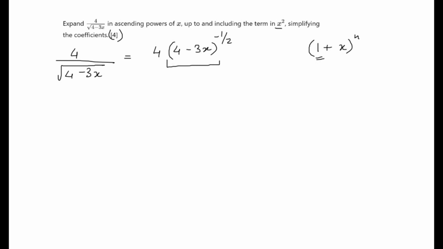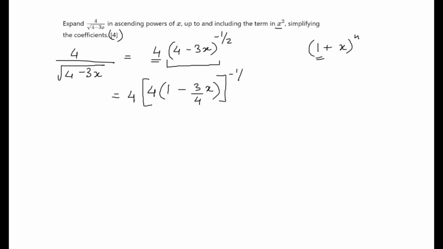So what do we do? Keep the 4 as it is. That's this 4. And the 4 minus 3x, we're going to factorize within brackets. So I'm taking the 4 out as a common factor. So what I'm left with is (1 minus 3 by 4 x), and the whole thing to the power of negative half.